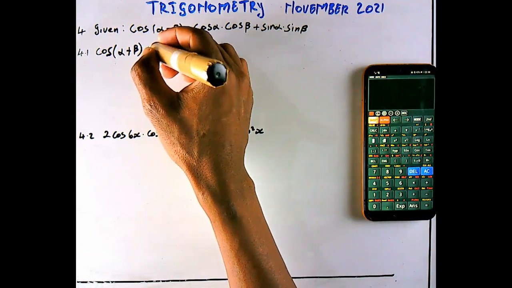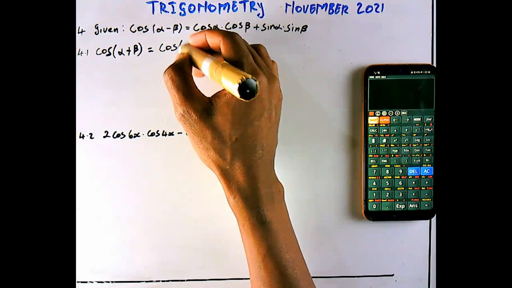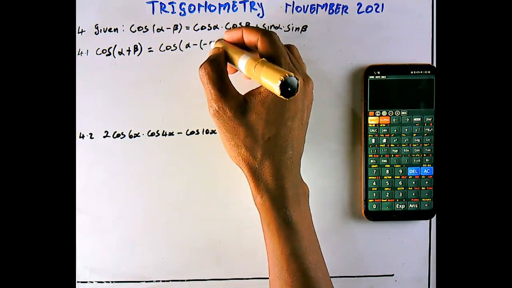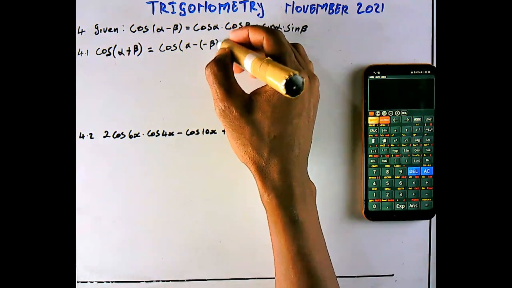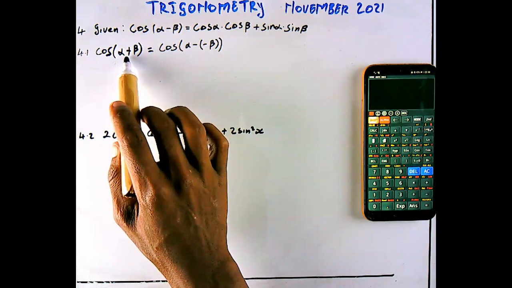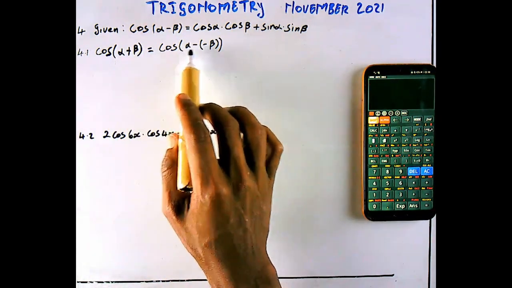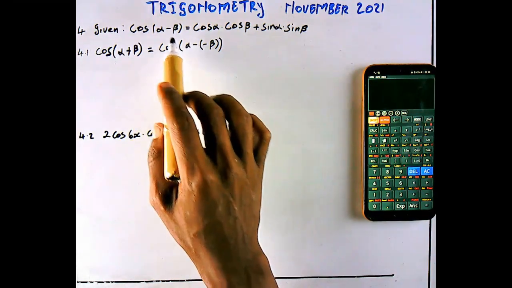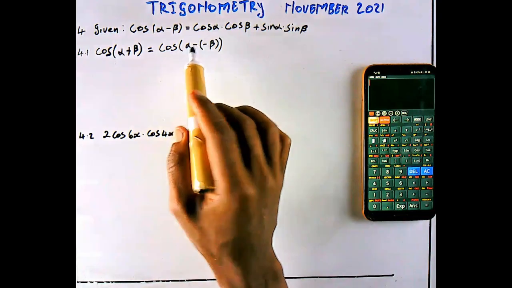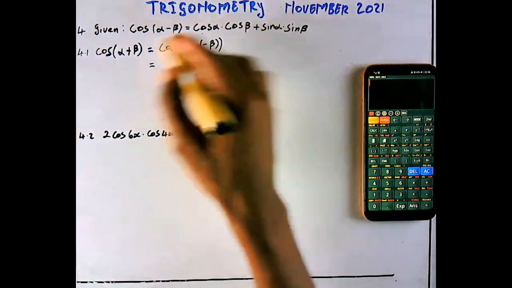So we can say cos alpha minus into minus beta is the same as cos alpha plus beta, because when we multiply these, they give us positive. And at the same time, it's the same as this one because now it's negative. So we can use this identity.